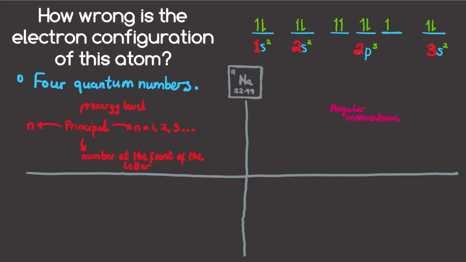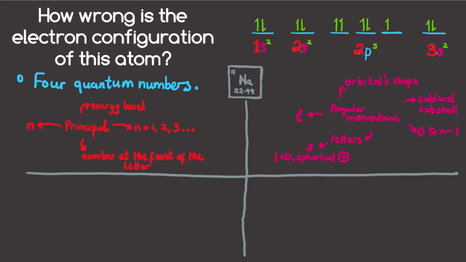Next is the angular momentum quantum number. It is notated as l. This reflects the orbital shape. It can also be called the sublevel or subshell, and l is in the range of 0 to n minus 1.